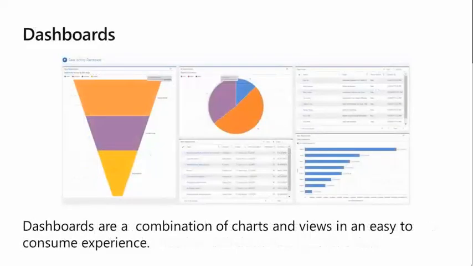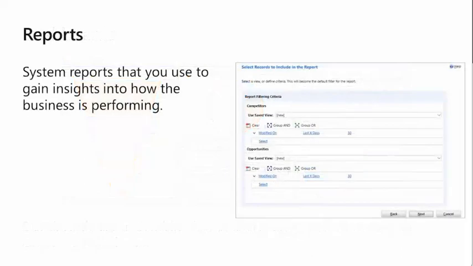And remember, those dashboards are those single pages that are made up of iframes, web resources, basically they're graphical reports. Or you can actually download your reports into Excel, PDF, and then you can set very, very refined criteria for each of those reports. We'll talk a little bit more about reporting in finance and operations tomorrow, but reports in model-driven apps are very, very simple and easy to use.